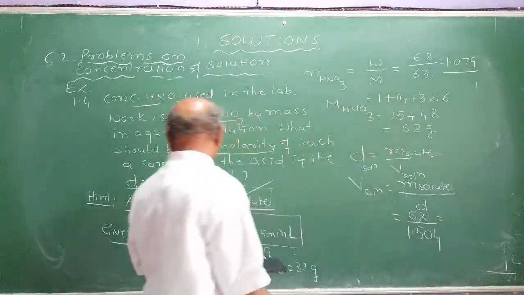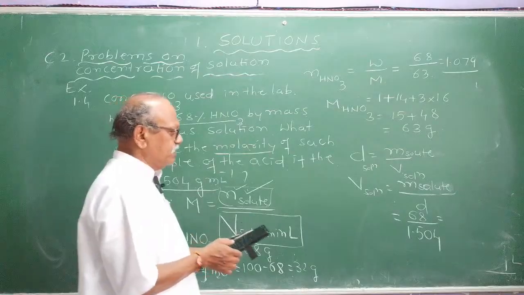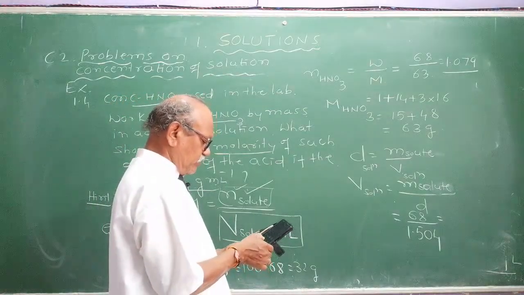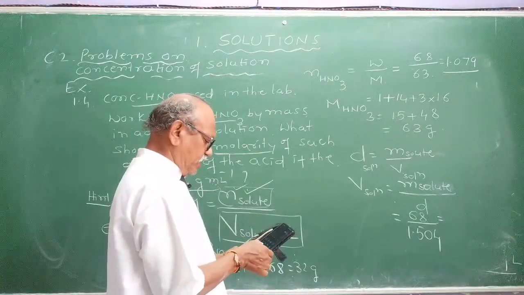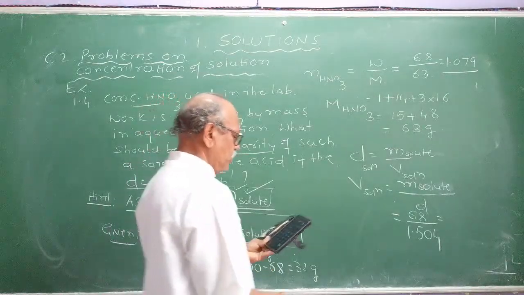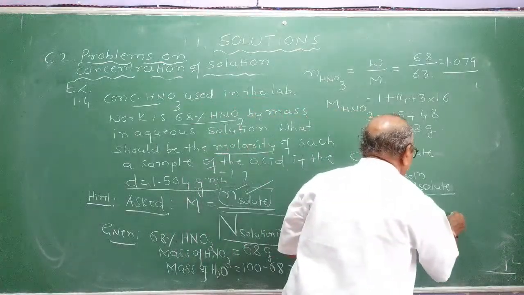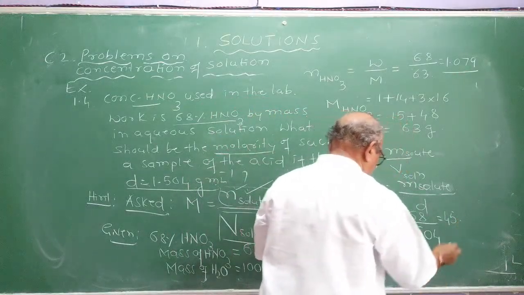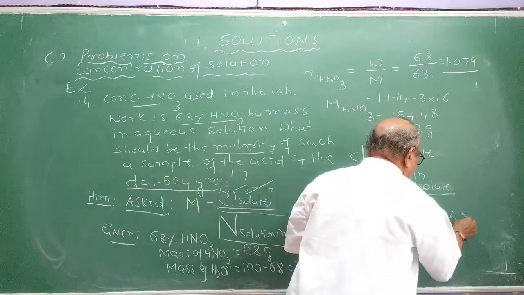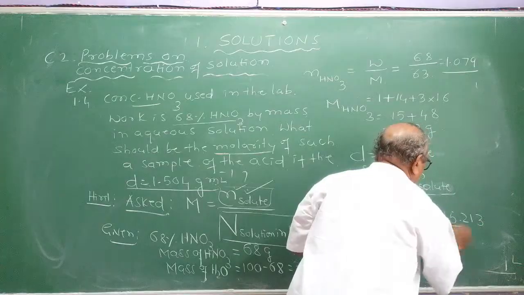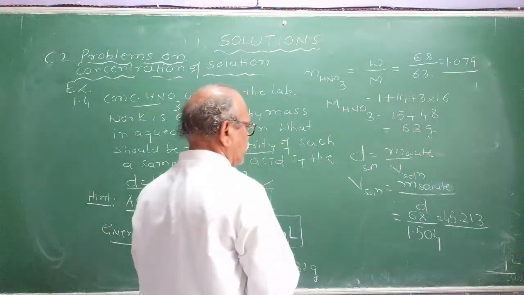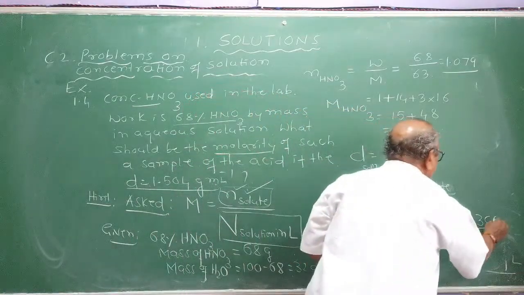No problem, you only have to calculate 68 divided by 1.504 using a calculator. The volume is 45.213, you can take up to 3 decimal places. These many cc you will get.